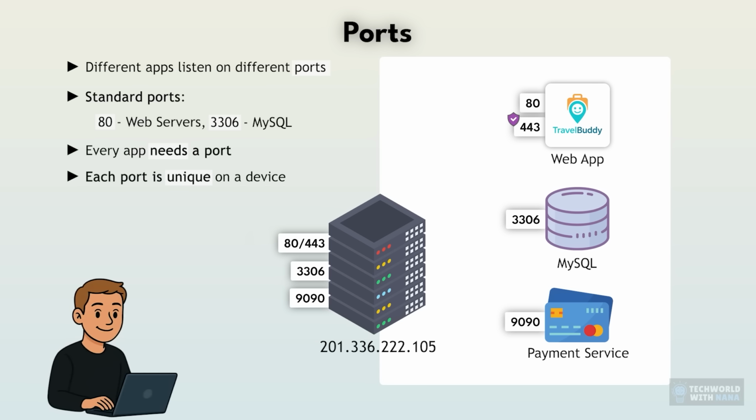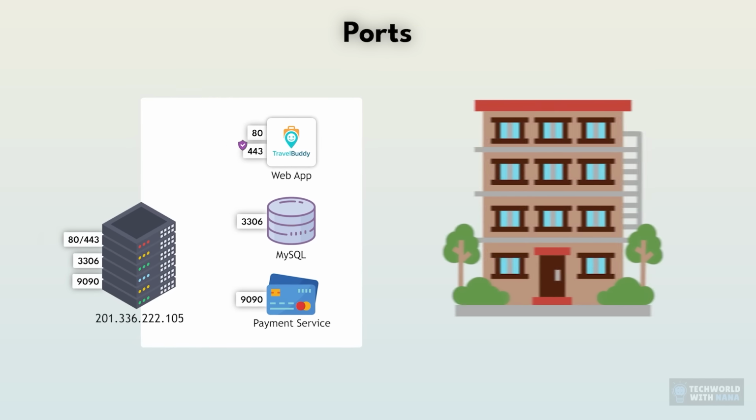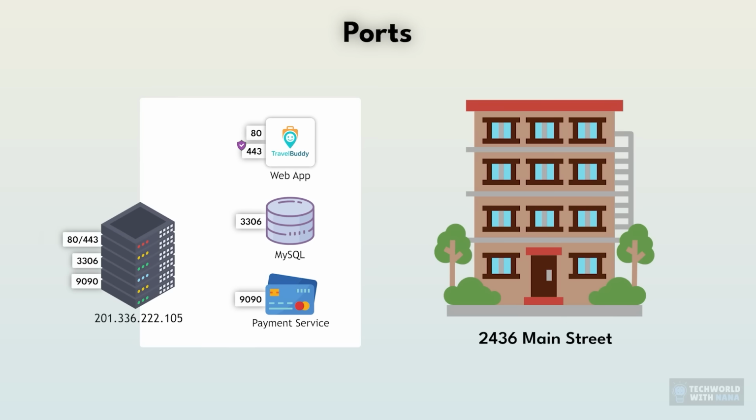Now, when a customer visits jijgjg, their browser automatically connects to port 80 or 443, and the server knows to send the traffic to the web application and not to some other program on the server. So think of it like an apartment building. The building has one street address, that's the IP address, but inside the building there are different apartment numbers, like the ports. Great, so that's taken care of.